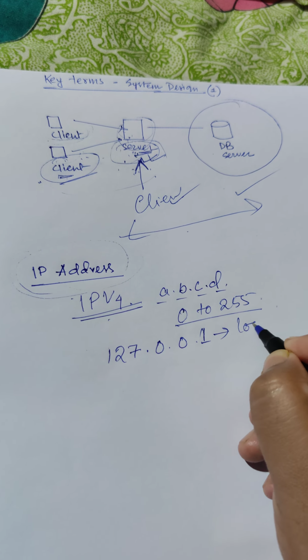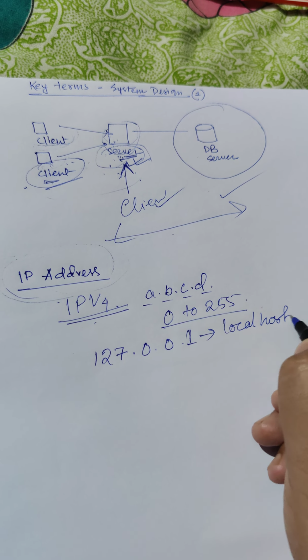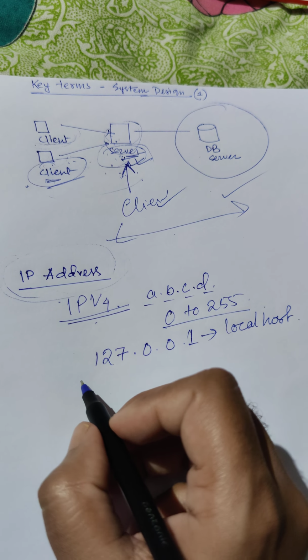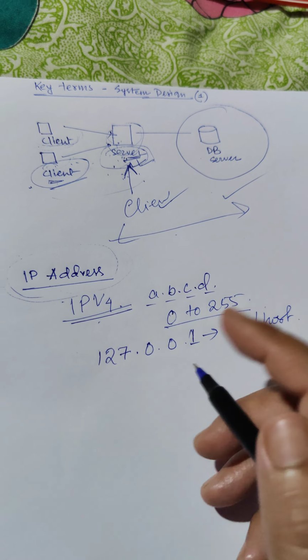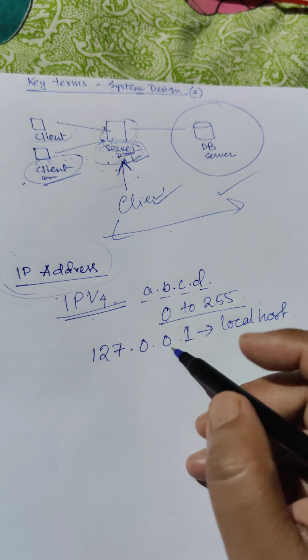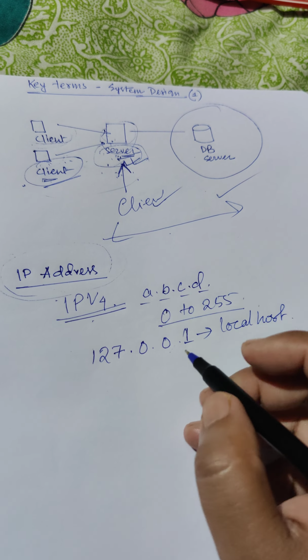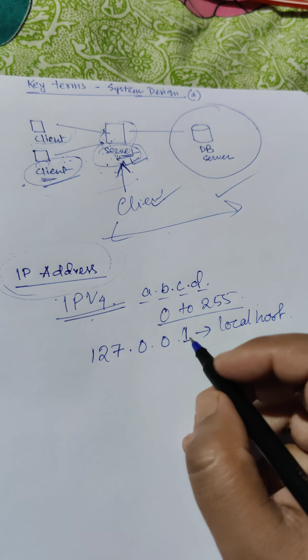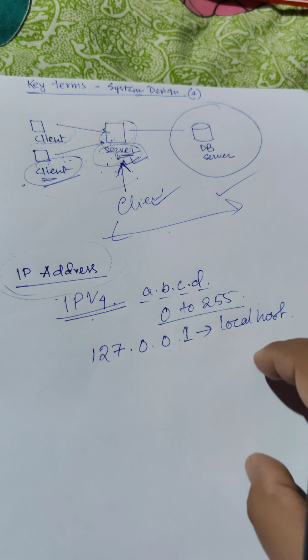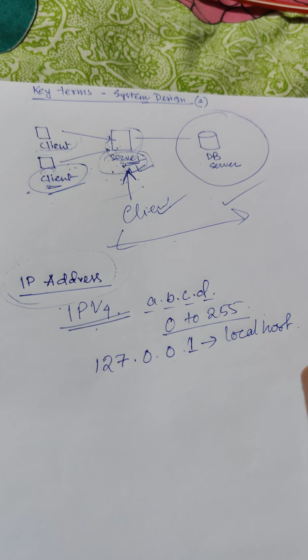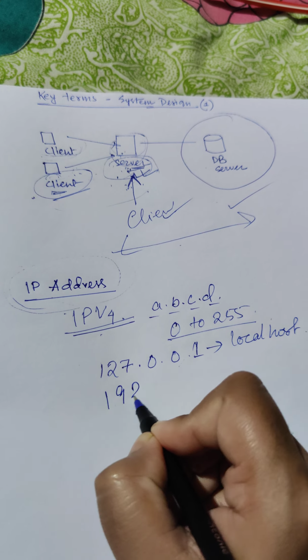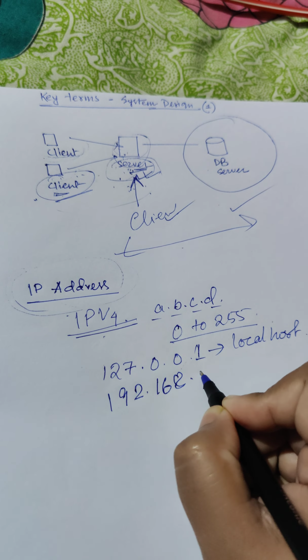So this is our localhost. Here is another important example: in our private network, the machines on our private Wi-Fi network normally have an IP address with the prefix 192.168.x.y.